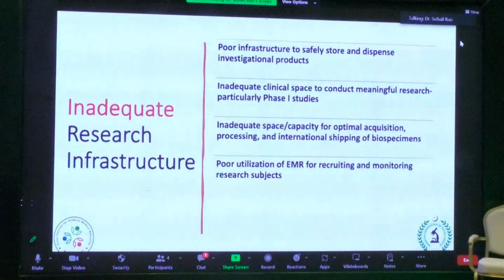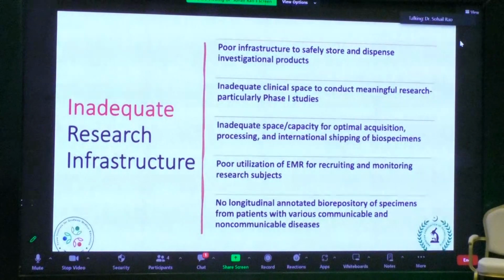There is poor utilization of EMR for recruiting and monitoring research subjects. As I said previously, EMR, or electronic medical record, is crucial. And if we are going to compete with international research entities, we have to start using EMR not just for patient care, but also for research purposes.